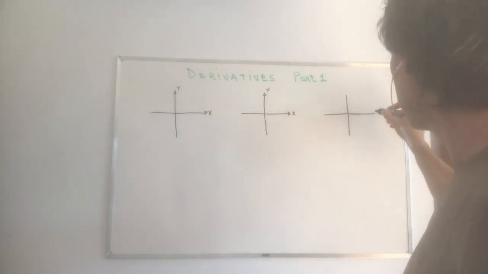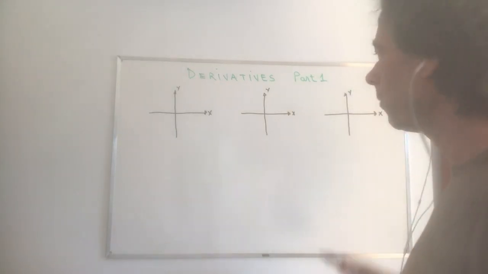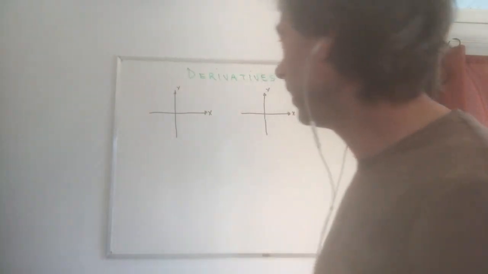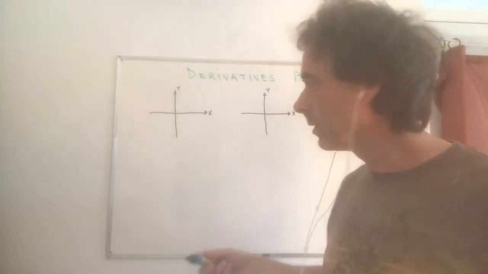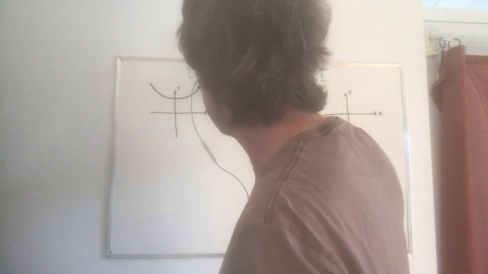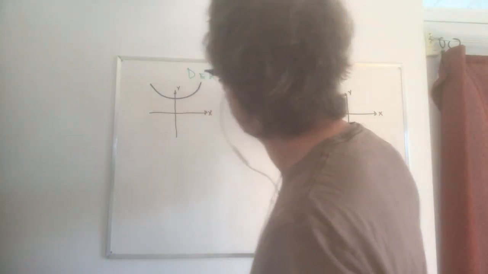So they're all exactly the same. And then I am going to come up with some sort of a function that I want to sketch here. Maybe, why don't we go with something simple, a parabola that is oriented upwards.